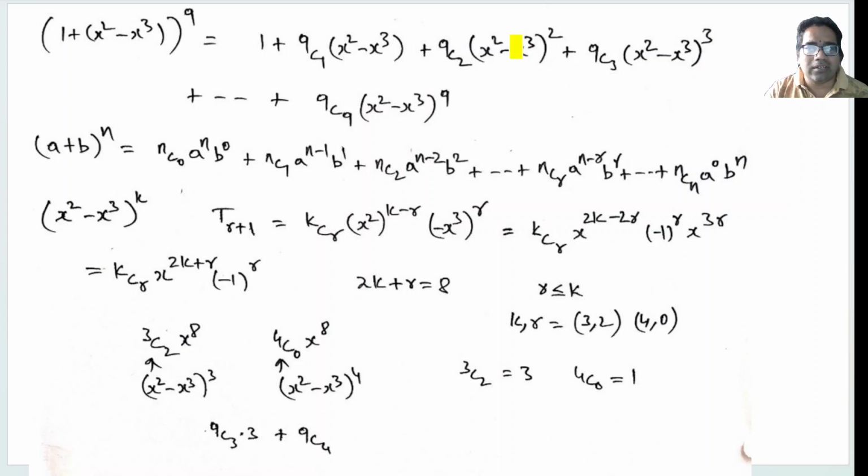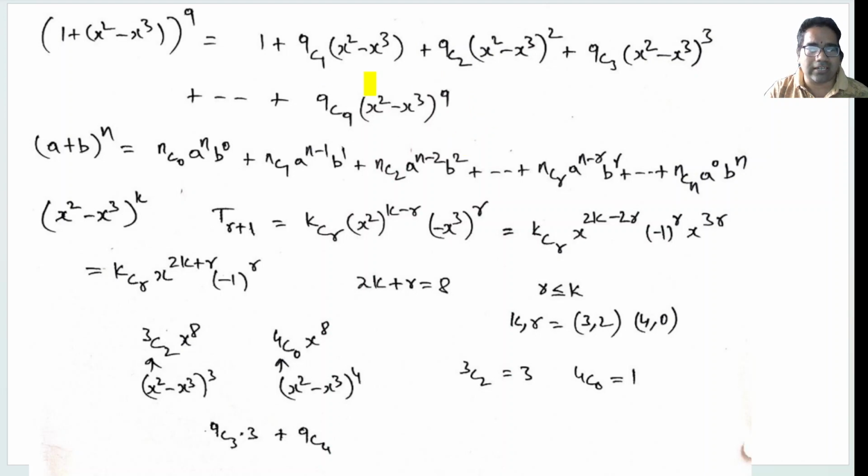But here we have to find what is the coefficient of x power 8 overall. Now, this term when we expand again, it can give some coefficient of some x power 8. We don't know. We have to find, right? This also, if we expand properly, we might get some x power 8. Similarly, every term of these 10 terms, some might give some x power 8s. What are those terms? We have to find, right?